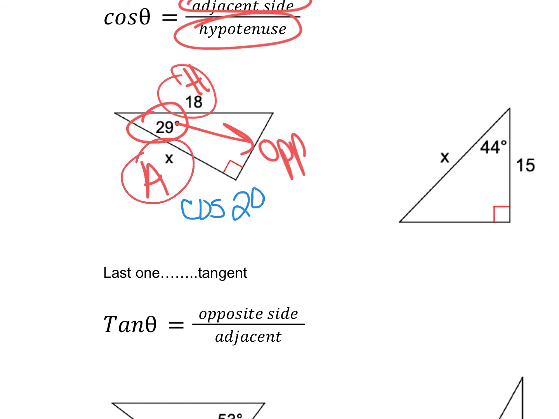Angle is attached to the trig function. Adjacent on top, hypotenuse on the bottom. Again, all we have to do to solve that is multiply both sides by 18, put that into our calculator, and we get that x equals 15.74, or approximately 15.7.